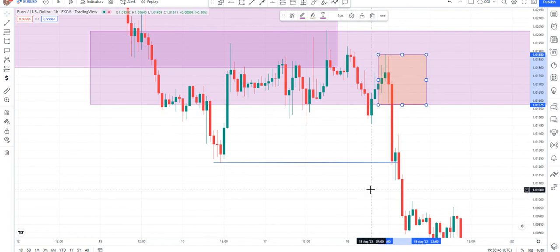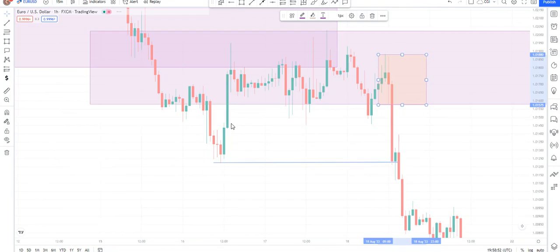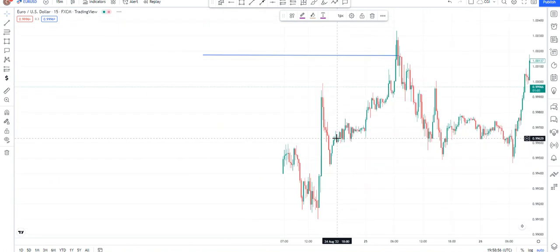To see what is inside here, I will go from a 1 hour chart to a 15-minute chart to see more clearly.